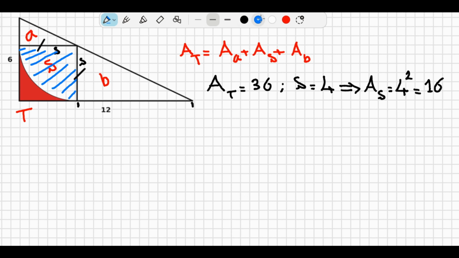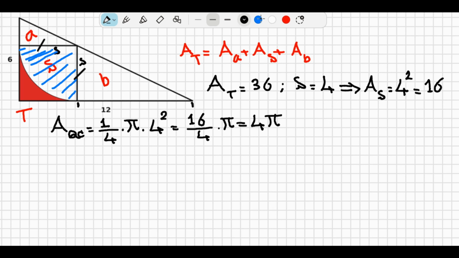This blue section here, the area of the quarter circle will be 1/4 times pi times the radius squared. The radius is equal to S, and we found S to be 4. 4 squared equals 16, over 4 times pi equals 4 pi.